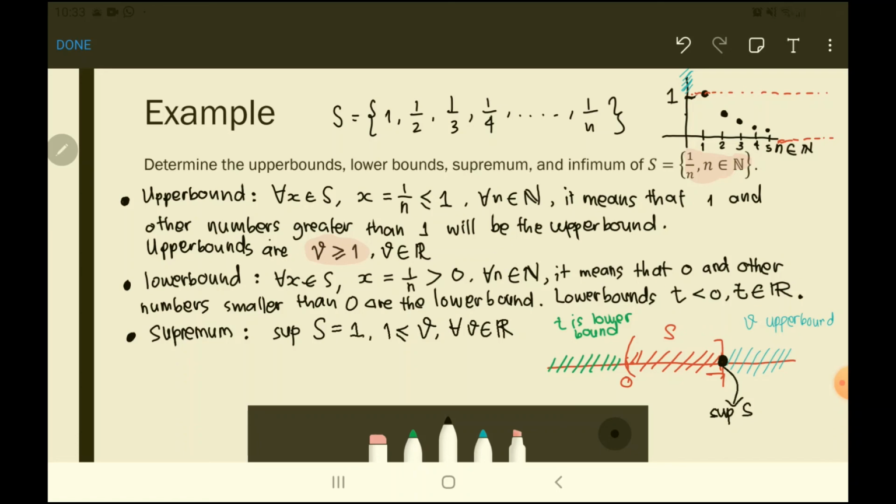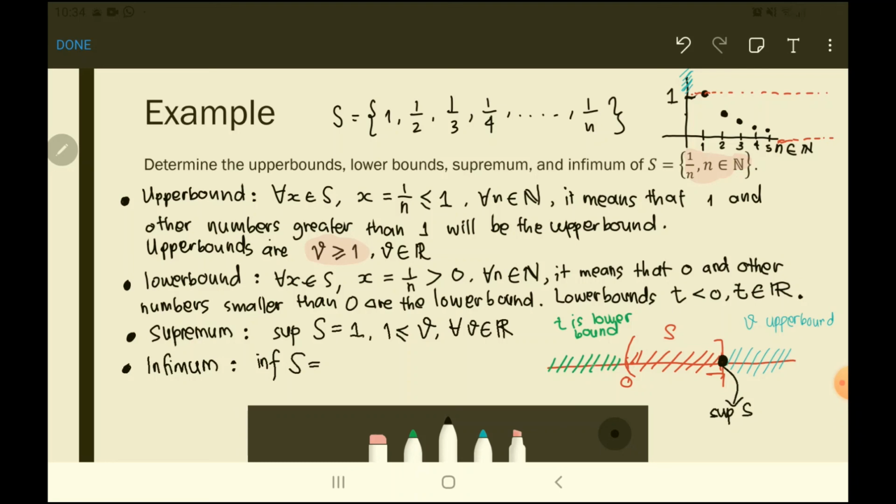No matter what upper bound you choose, 1 will always be smaller than or equal to that upper bound. What about the infimum? For the infimum, it's inf.